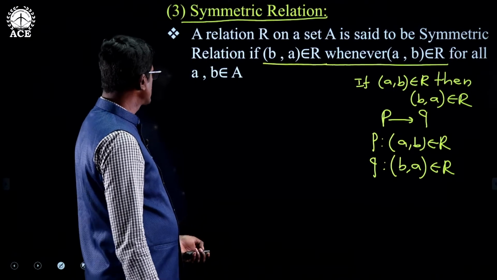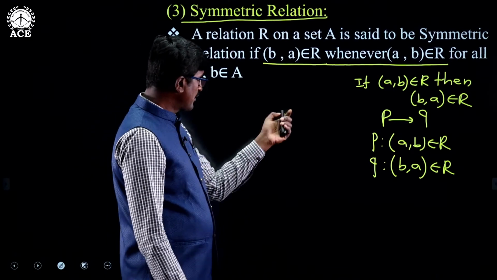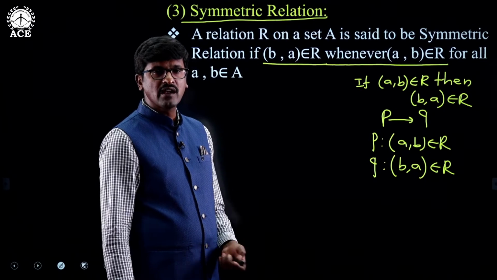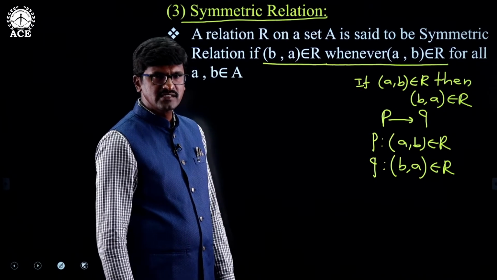Now let's see the examples. If (A, B) belongs to R but (B, A) does not belong to R, then it is not a symmetric relation.